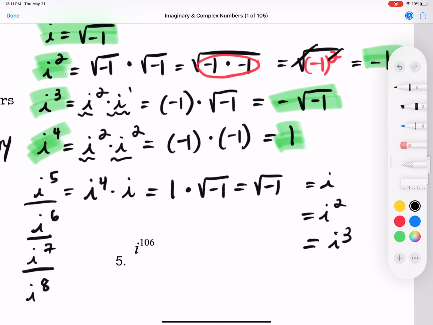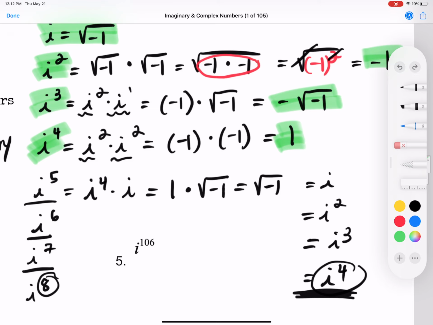And then i to the 8th power is going to be the same thing as i to the fourth. So this shows you that anything to the 4th power, or that's a multiple of 4, like 8 or 12 or 16, is going to give you i to the 4th, which we know is just 1. Okay, and that kind of works the same way for the other ones.